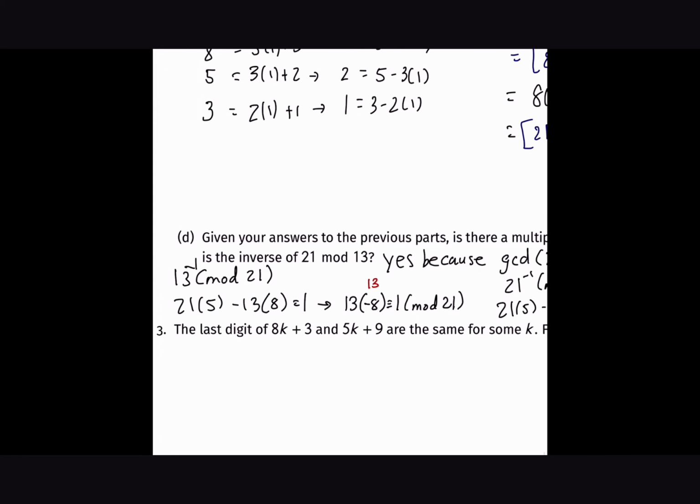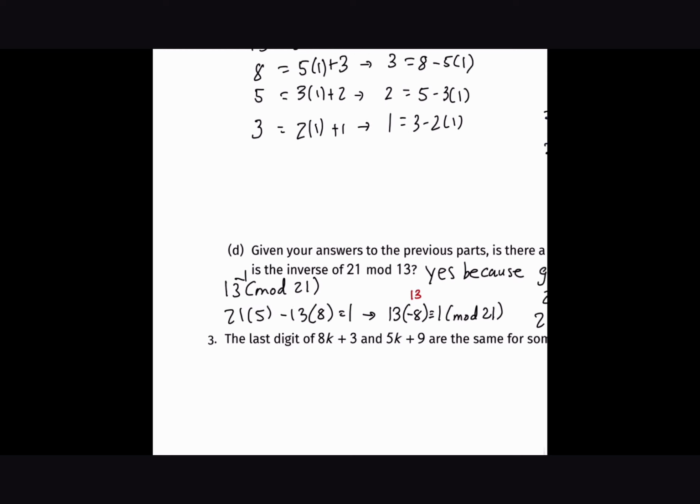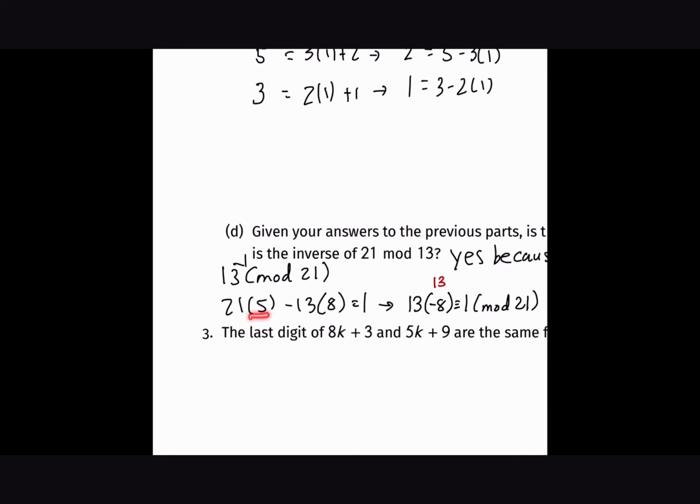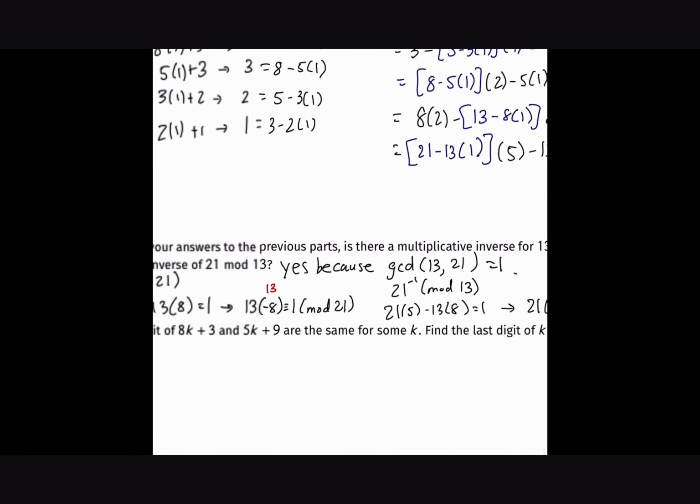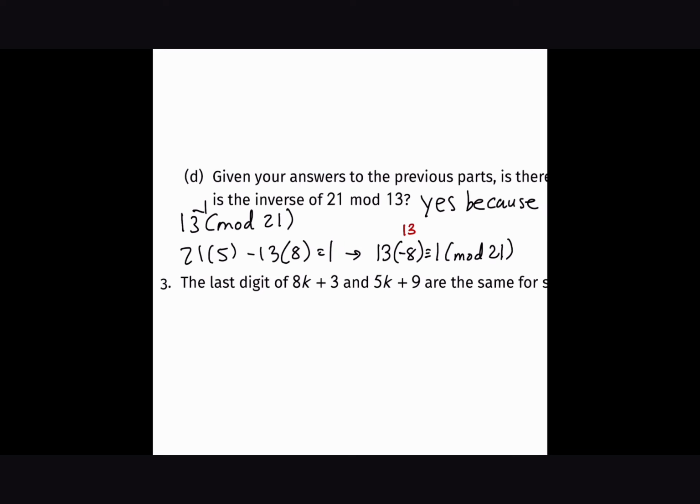So to find the inverse of 13 mod 21, we rewrite our form of 13a plus 21b equals 1, which is 21 times 5 minus 13 times 8 equals 1 from part C. So when we take mod 21 on both sides, we can cancel out this term since it is a multiple of 21.